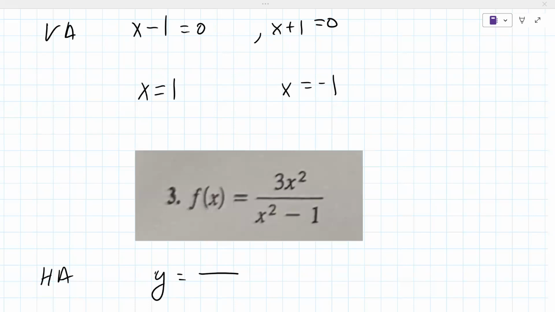Y equals, for 3 and x, 3 over x. Coefficients are not x. Well, I put a 3 on the top. That's right. What's the coefficient in front of x squared on the bottom? What's the number in front of x squared?